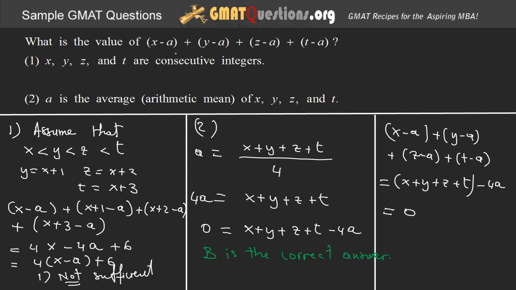So remember that this whole thing is equal to 0 when you take every value and take away the average from every value. So remember that a here is the average. It's good to know. That's really the good takeaway from this question.